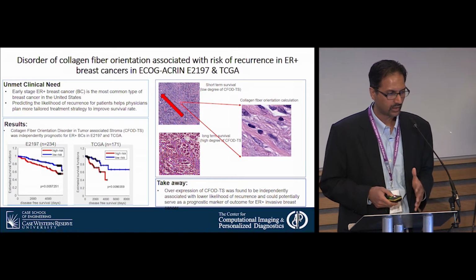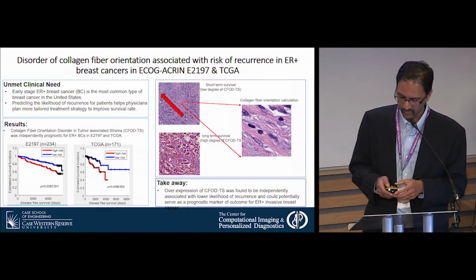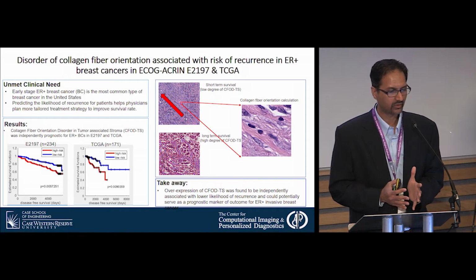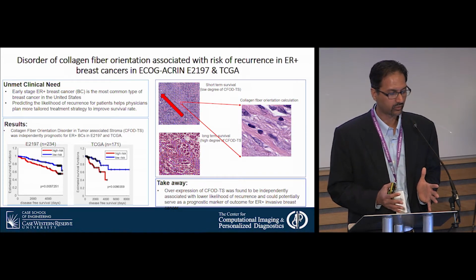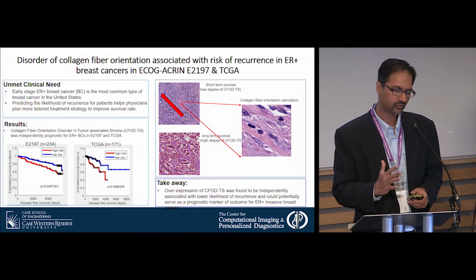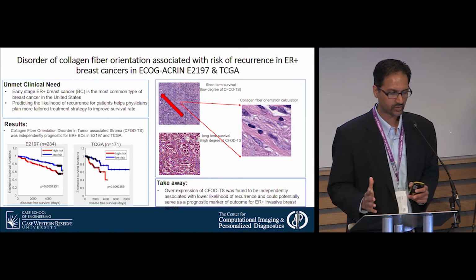This is work that's being done by Haojia Lee, a graduate student in my group. And what Haojia has shown is that if you look at the collagen fiber orientation in early stage breast cancers, the orientation and the order of these fibers are very, very different between patients who have short-term survival versus long-term survival.